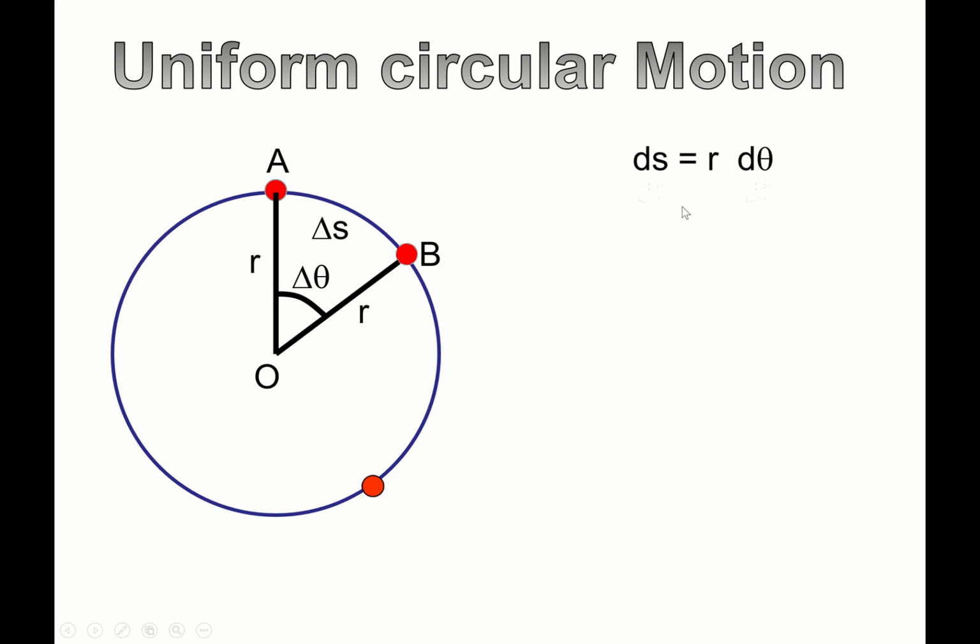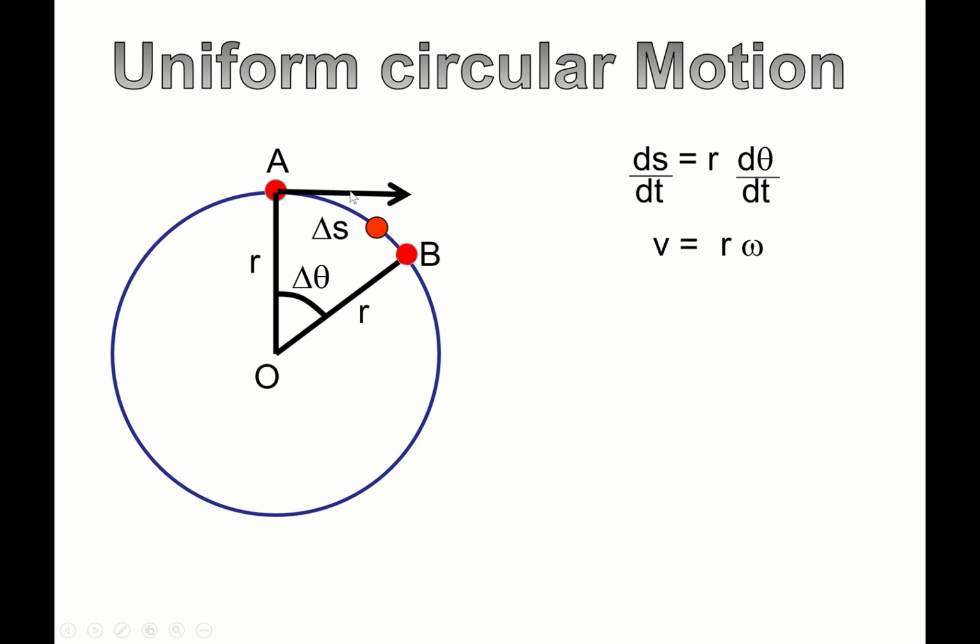So from this equation, we divide both sides by dt. So ds by dt is equal to the velocity, and d theta by dt is equal to the angular velocity. So we have a relationship between velocity v and angular velocity, which is v equals r omega.